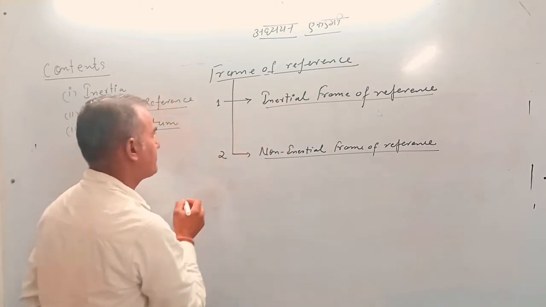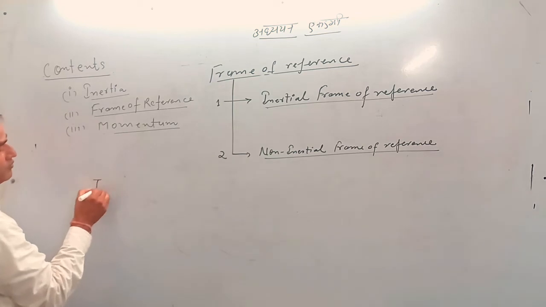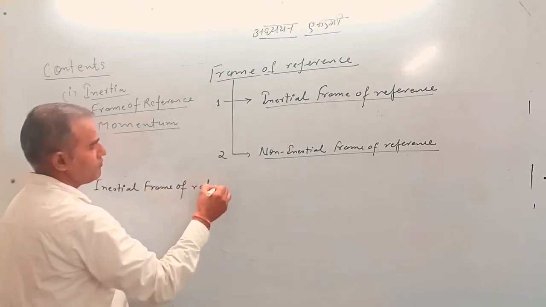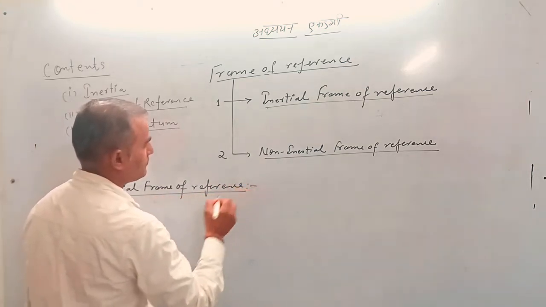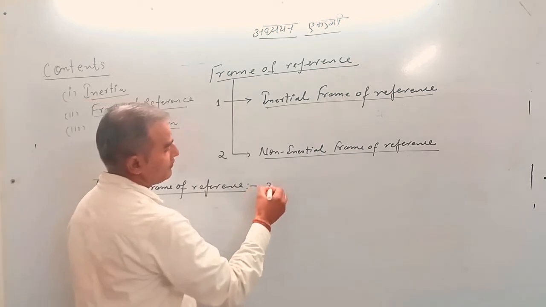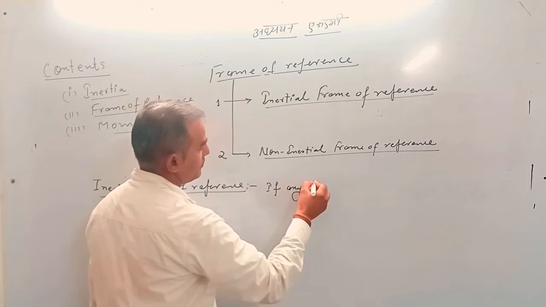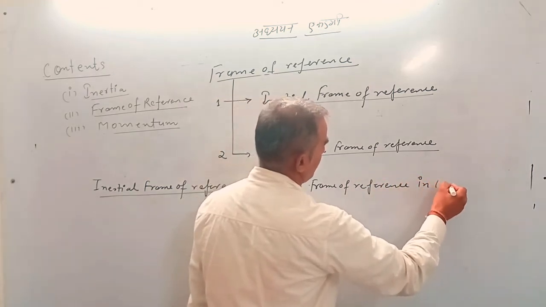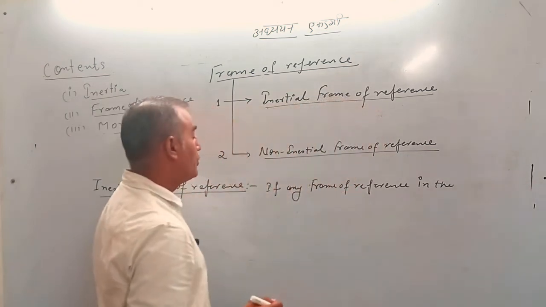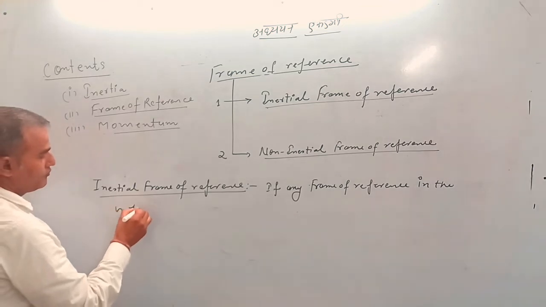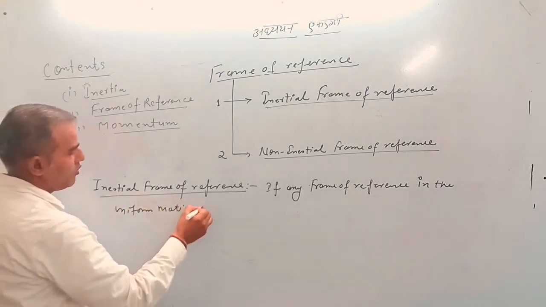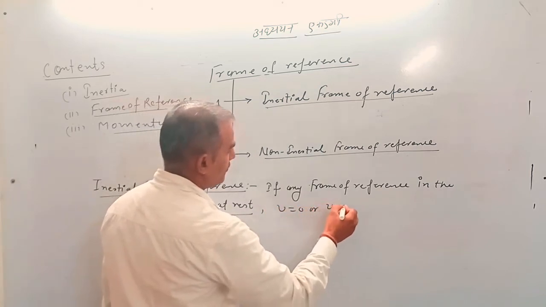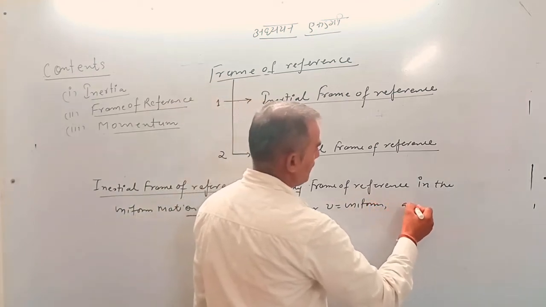Inertial frame of reference. If any frame of reference is in uniform motion or at rest, means V is equal to 0 or V is uniform, that is A is equal to 0.